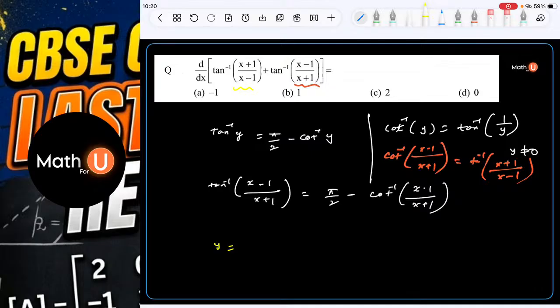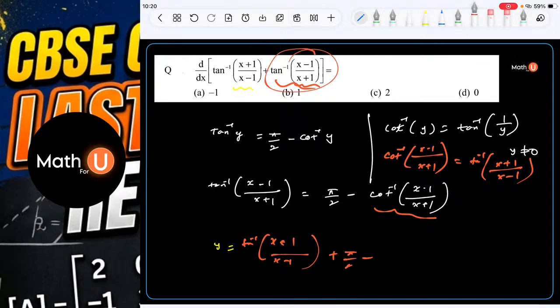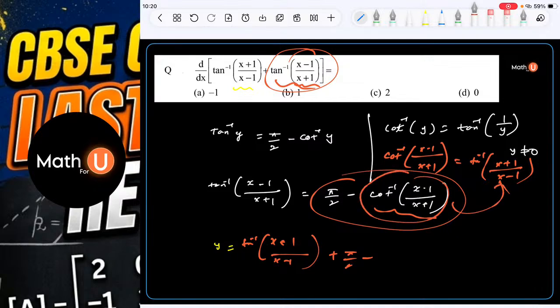See, y is equal to this, which can be written as tan inverse of (x plus 1) by (x minus 1). In place of this I will replace again this one, plus pi by 2 minus, and in place of cot inverse replace this, you get tan inverse of (x plus 1) by (x minus 1).